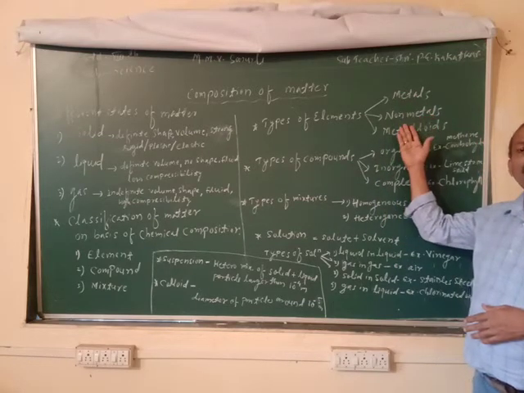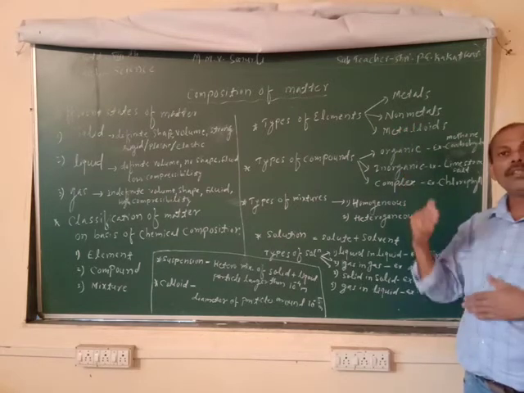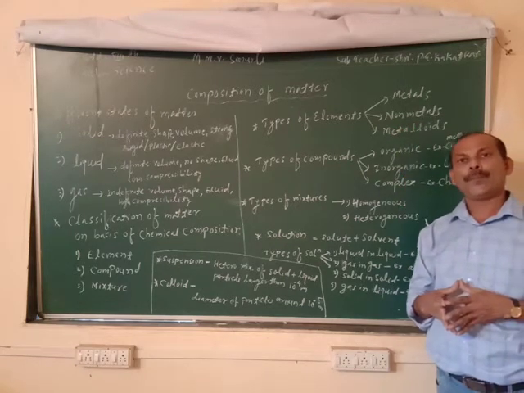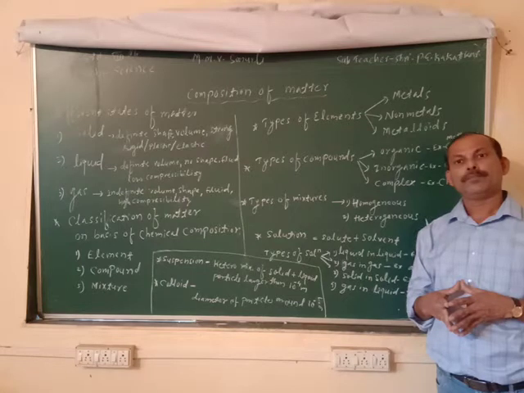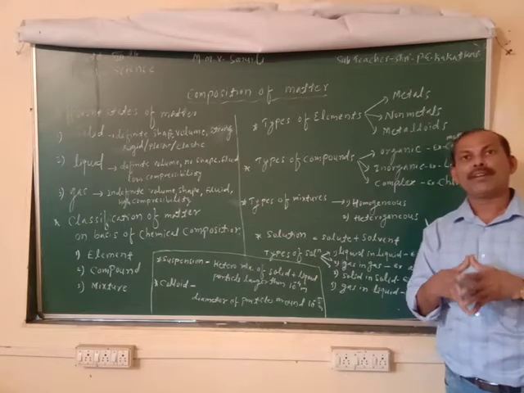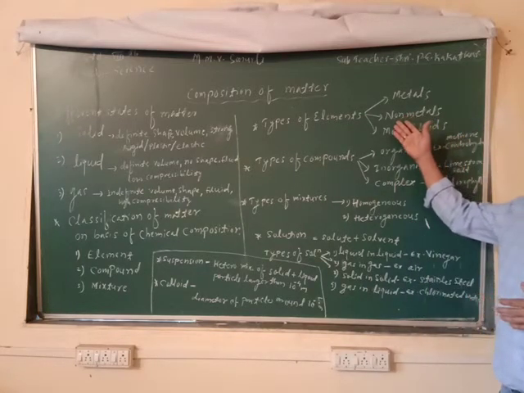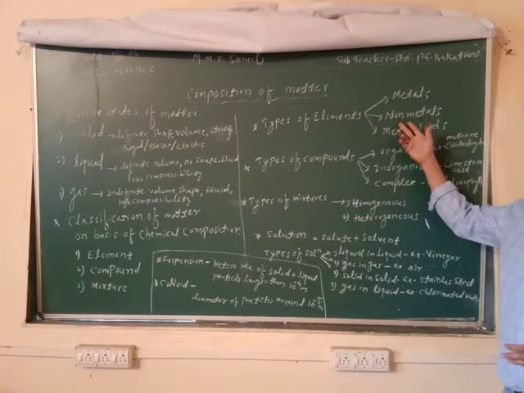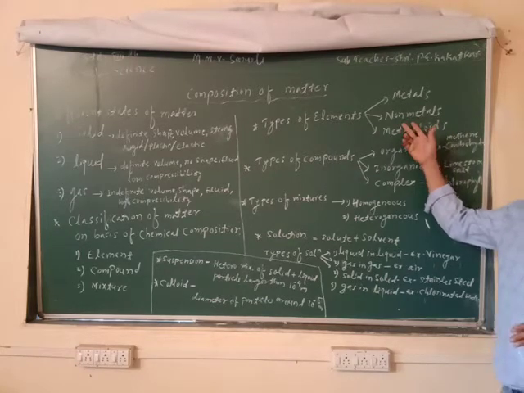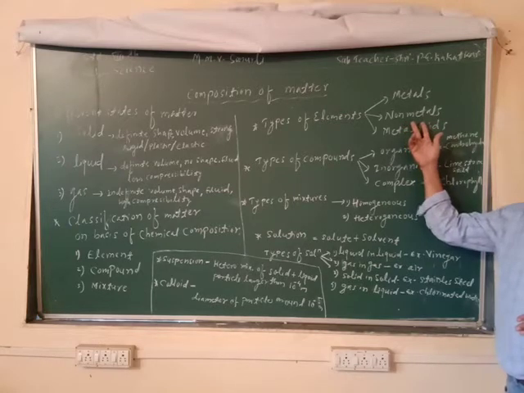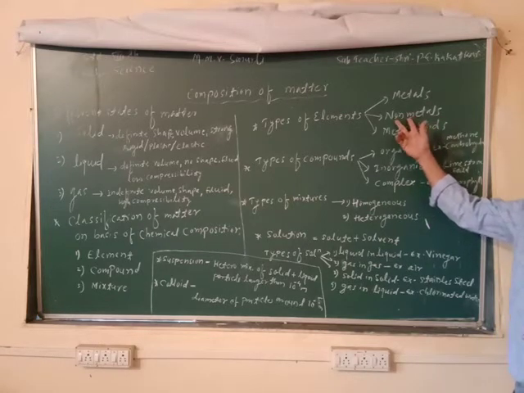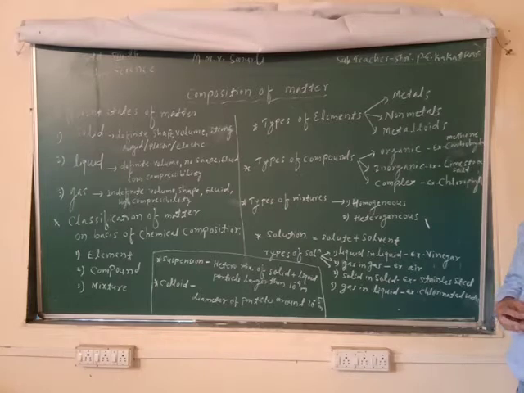And about non-metals, we learn about their different characteristics: non-conductivity, low conductor or bad conductor of heat and electricity. So these are some characteristics of non-metals. Then what is metalloids?